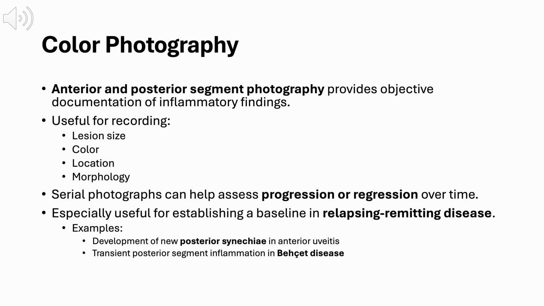Serial photographs let you assess whether disease is progressing or regressing over time, and they're especially useful for establishing a baseline in relapsing-remitting disease. Classic uses include documenting new posterior synechiae in anterior uveitis, or capturing the transient posterior segment inflammation of Behçet's disease before it vanishes. A good photo is objective, shareable, and comparable across visits.